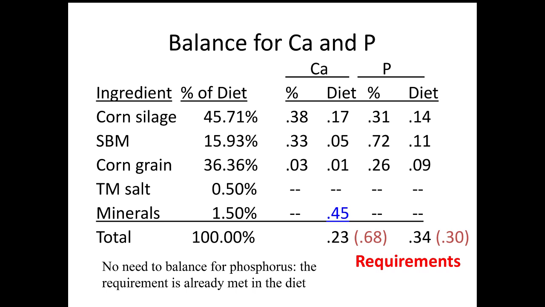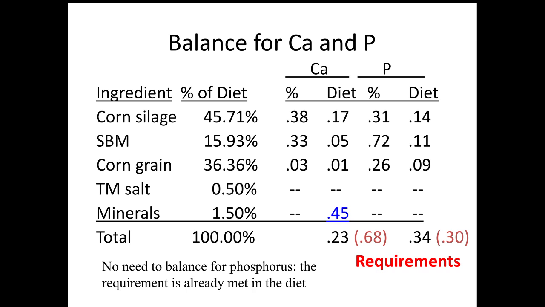Okay, now, looking over on the right side of the table, we have our calcium and phosphorus. Okay, so remember, we want to balance for calcium and phosphorus. So for calcium, we have the percent that's in each of the ingredients, then the amount that's actually in our diet. So we've got those two columns for both calcium and phosphorus. So for each ingredient, you essentially take the percent of that ingredient in the diet, multiply it by the percent of calcium or phosphorus, and that tells you how much of that mineral is in the diet.